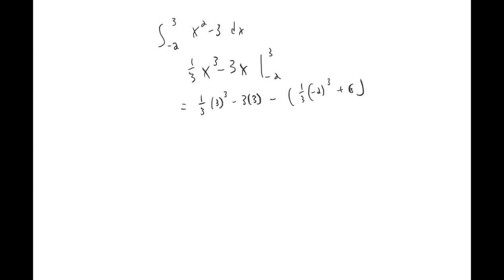So this is 27 over 3, 9 minus 9, minus -8 over 3 plus 6. Whatever this is, -18 minus, 6 is 18 over 3, so 10 over 3. Oh, you're just adding. So -64 over 3.